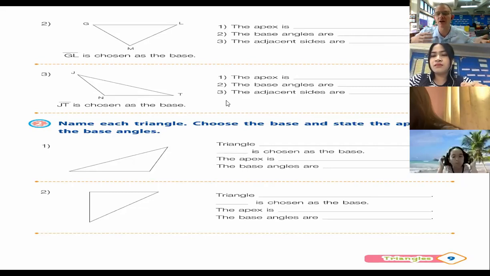Because a triangle can be straight up, sideways, a right angle one, or upside down. But the information they give you is important, because the way it looks doesn't matter. It's what they say about it that matters.